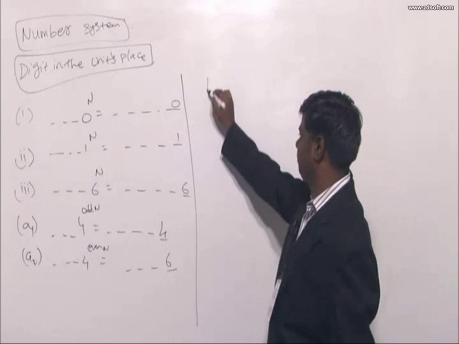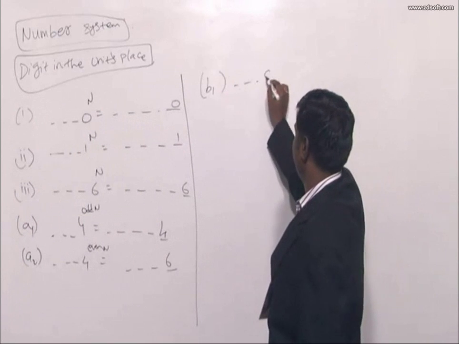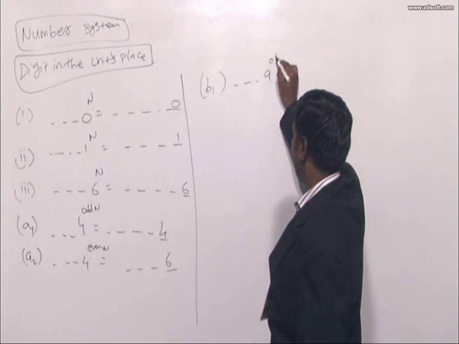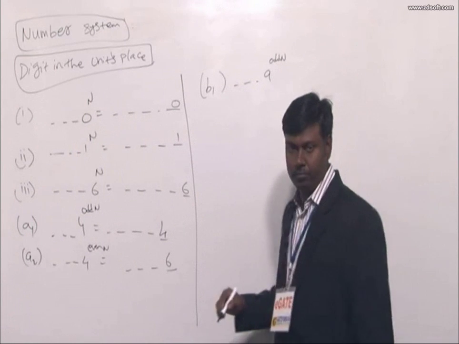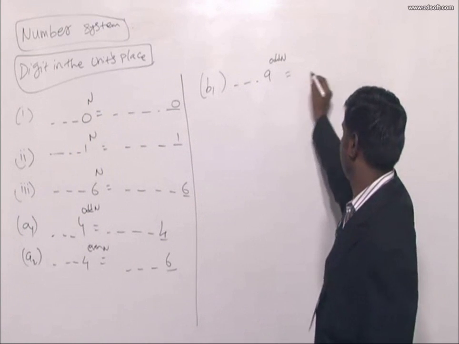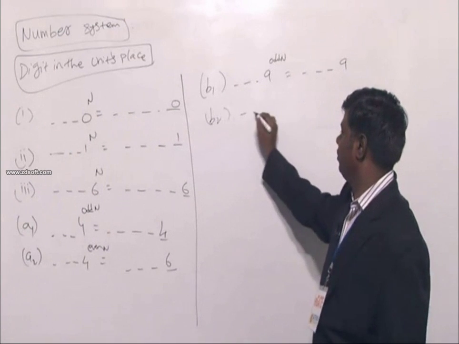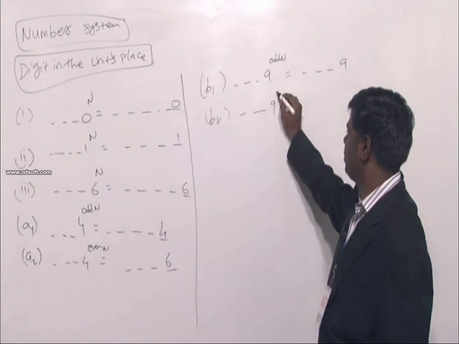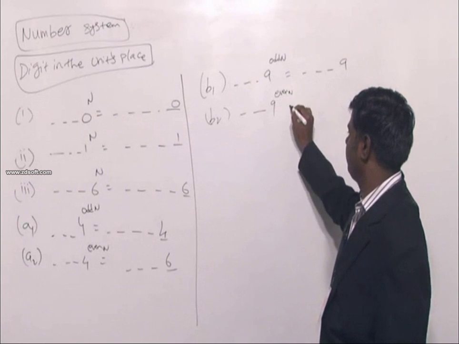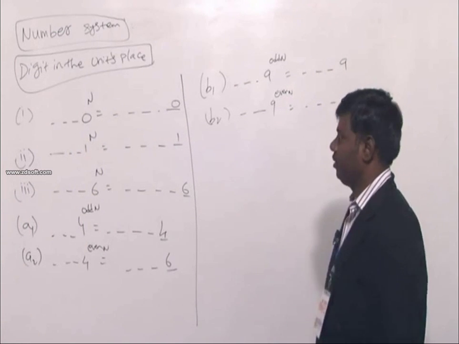Similarly, a number that ends with 9, power odd natural number, you'll get 9. A number that ends with 9 raised to the power of even natural number, it will be 1.